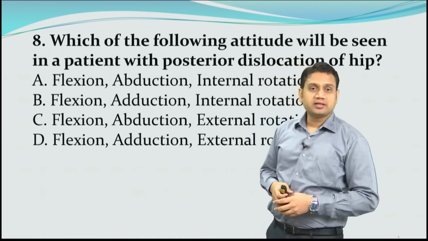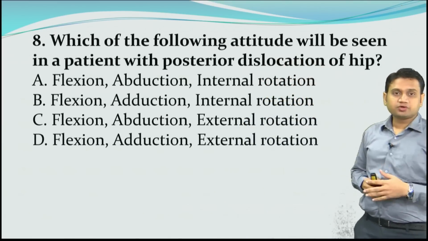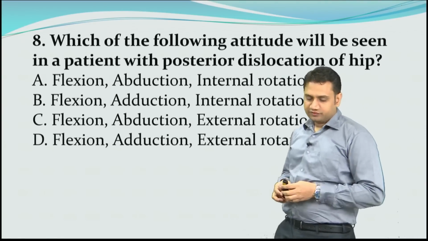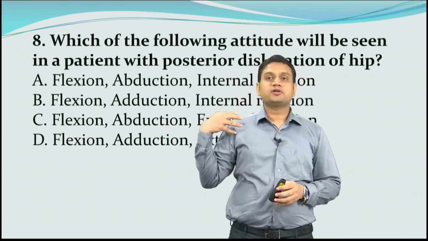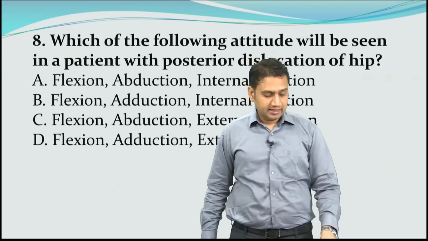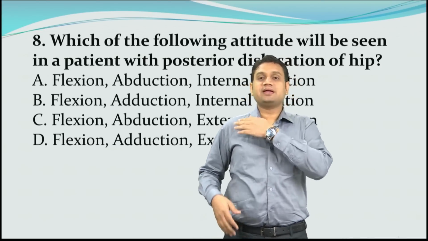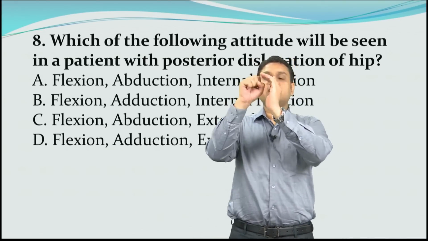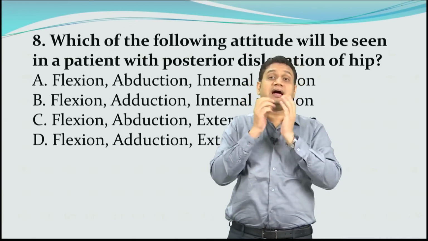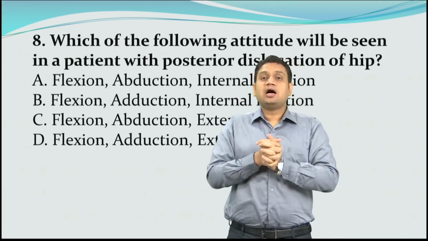Then you have the next one, which of the following attitudes will be seen in a patient with posterior dislocation of the hip? See, the attitude of the patient, when you talk of the shoulder or of the hip, remains the same for the dislocation purpose, right? If this is a glenoid and head of the humerus, or the acetabulum and the head of the femur, if somebody has an anterior dislocation, how should the head move?